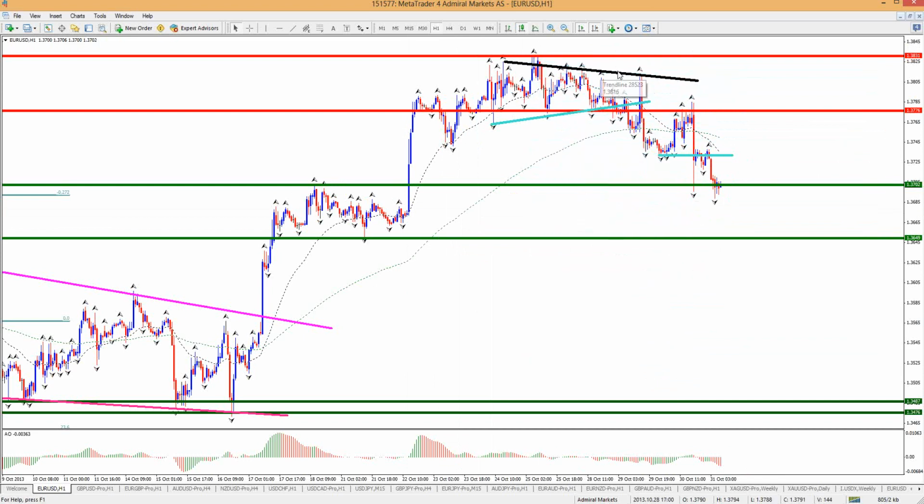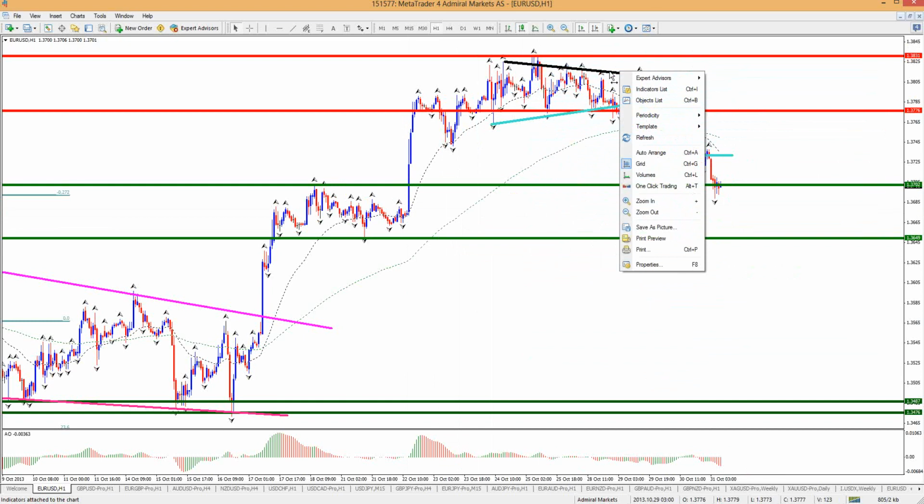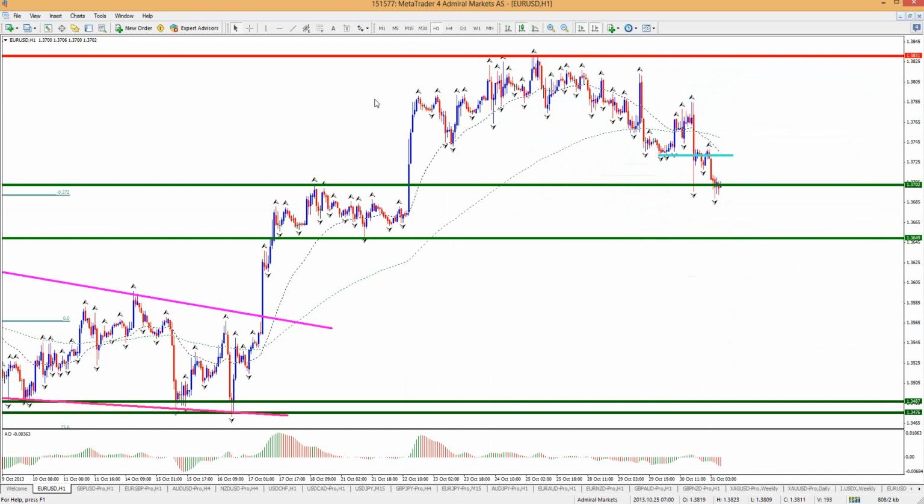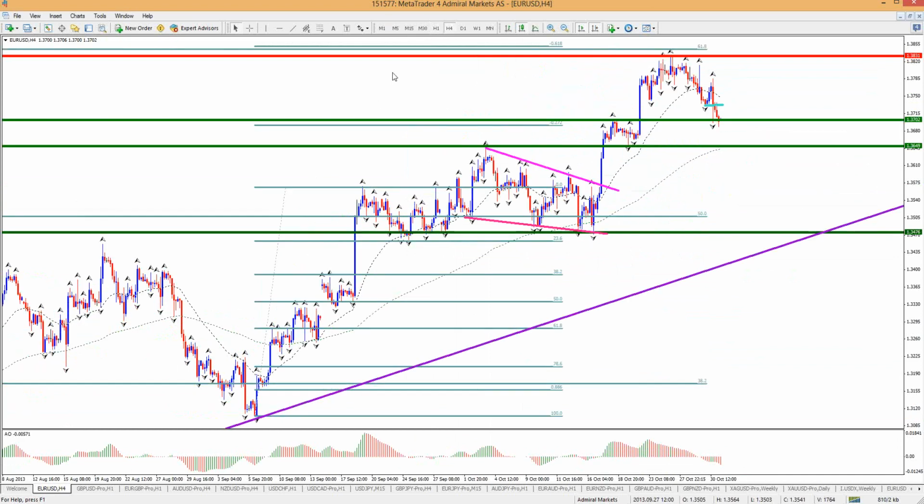So let me clean this up a bit. So basically, if we look at the 4 hour chart, then that is a supply-demand zone, right? Now, hopefully you see it, but I'm going to show you which it is. That's this, right? Right in here.